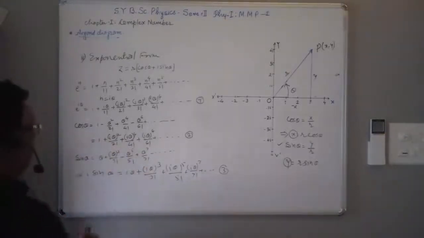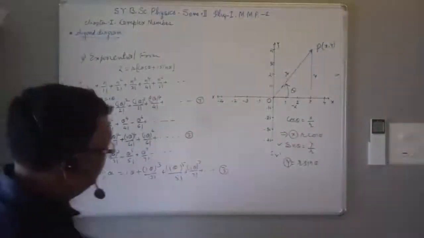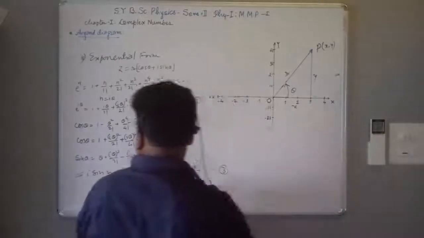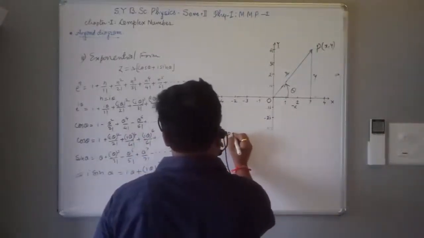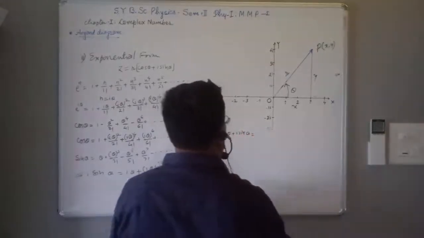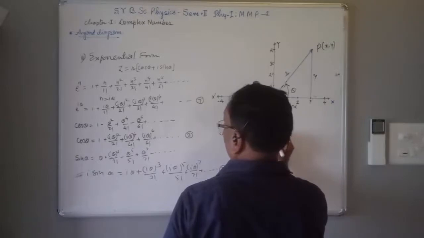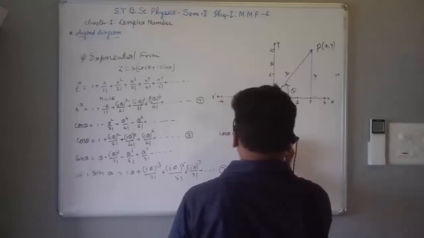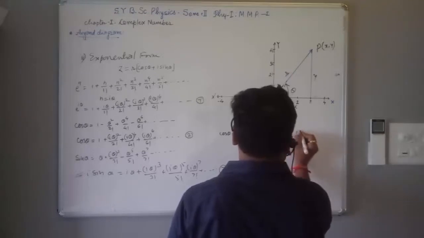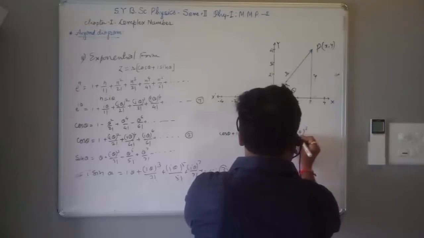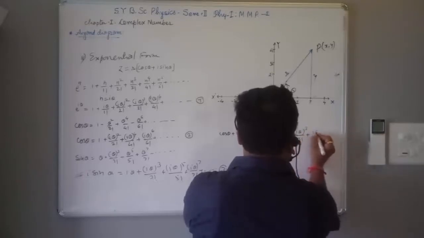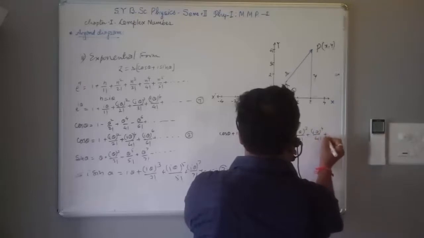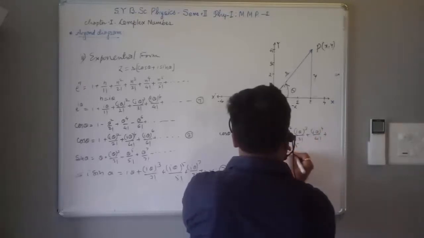From equations 2 and 3, we can simply add equation 2 and 3. After adding these equations, we get cos theta plus i sin theta is equal to 1 plus i theta upon 1 factorial plus (i theta) raised to 2 upon 2 factorial plus (i theta) raised to 3 upon 3 factorial plus (i theta) raised to 4 upon 4 factorial plus (i theta) raised to 5 upon 5 factorial.